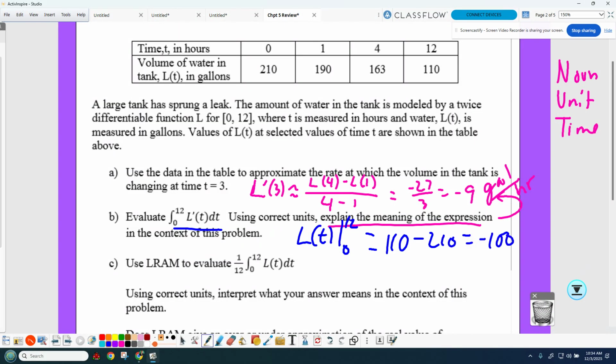What are the units, and Francesca, what does it mean? The units are gallons. And it means in 12 hours it lost 100. Wait.